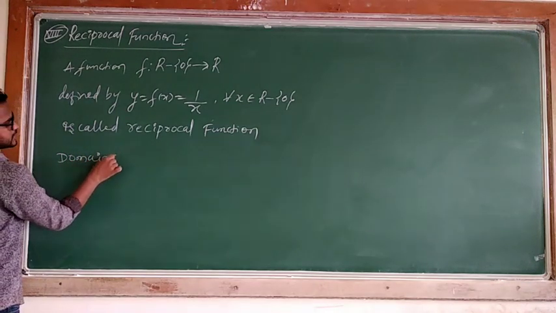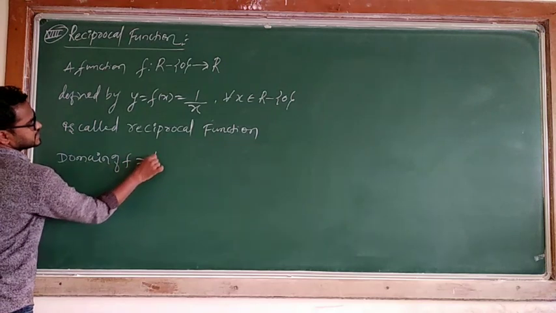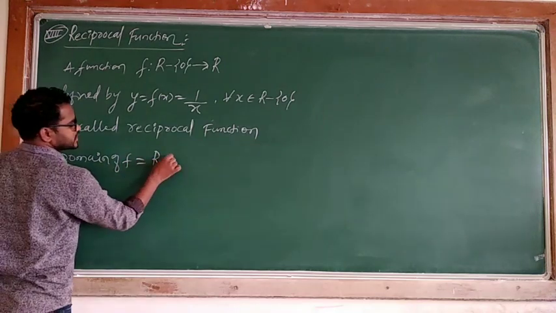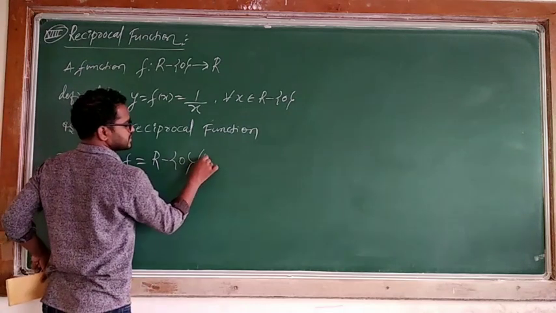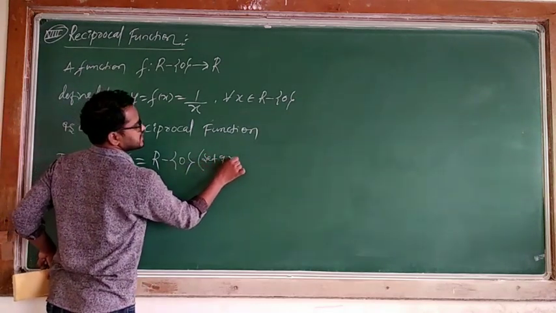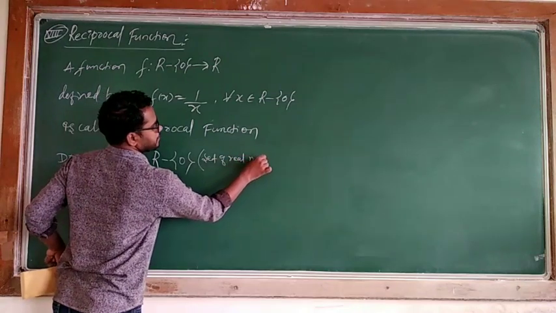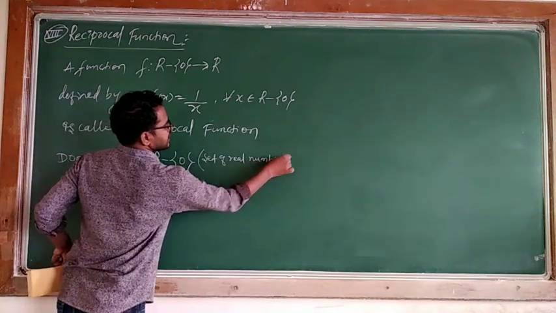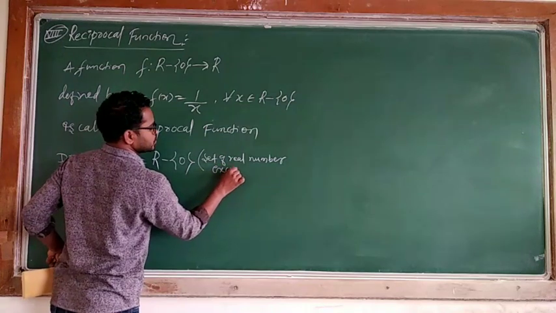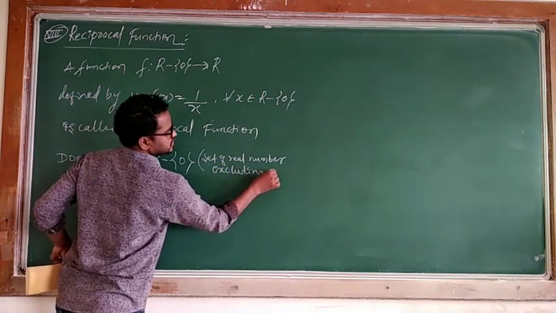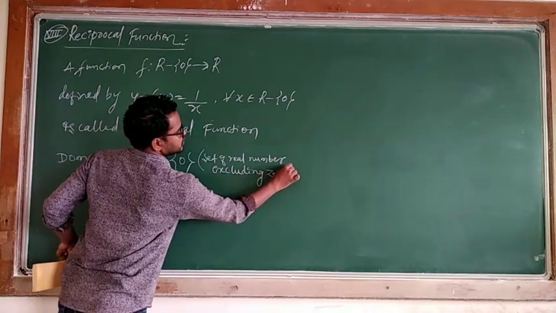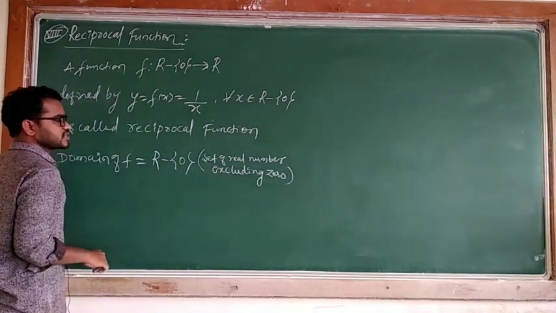Domain of f is the set of real numbers excluding 0, meaning don't take 0.